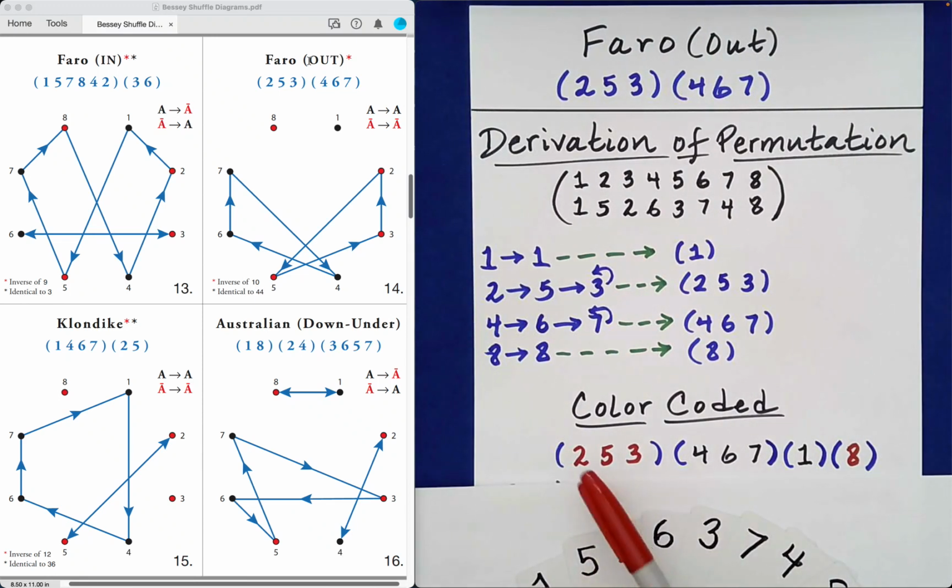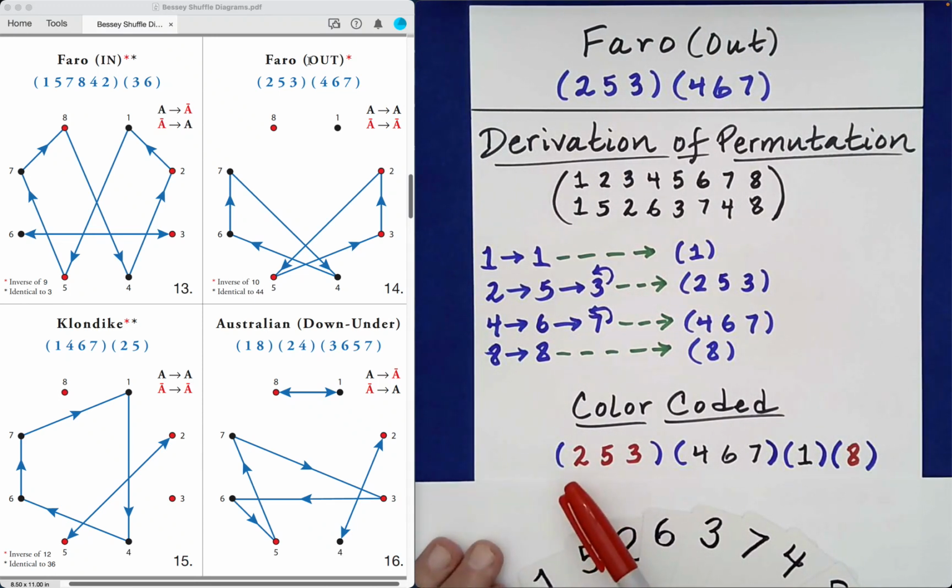So what this means then is all of the cards in the red value positions will stay within those positions in some order, and all of the cards in the black value positions will stay in that same group of position values.